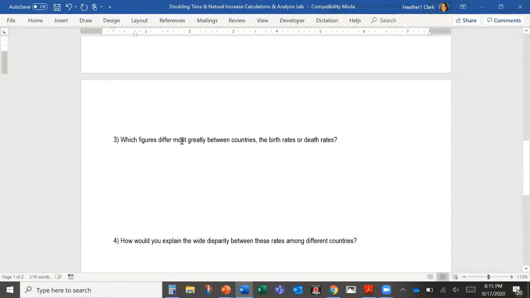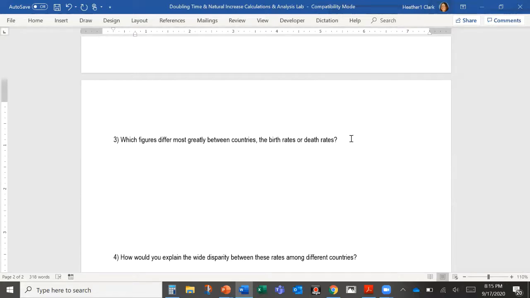Which figures differ the most greatly between birth rates and death rates? So to answer this one, you're going to find the highest birth rate and subtract the lowest birth rate. Okay, so highest CBR minus lowest CBR equals the difference between crude birth rates.